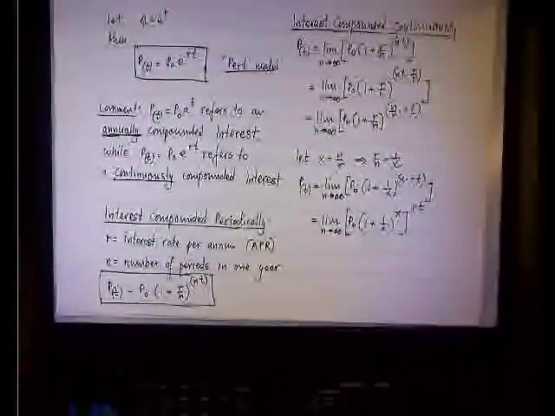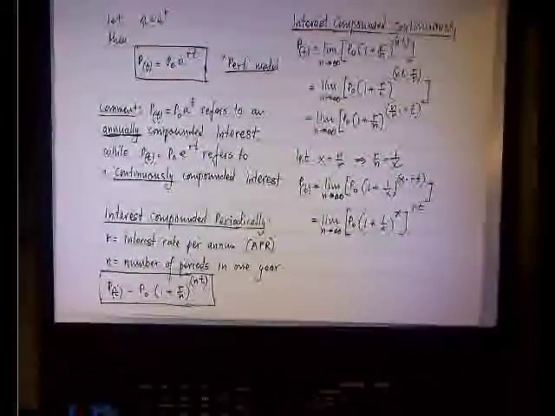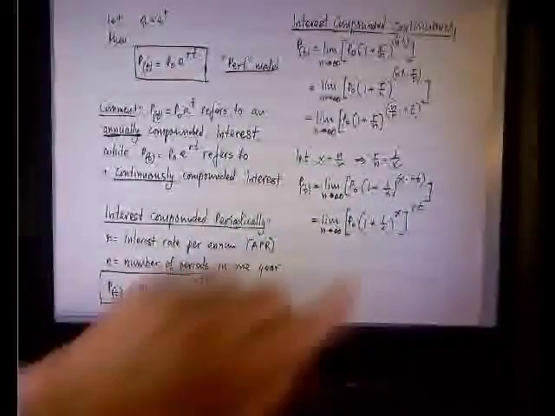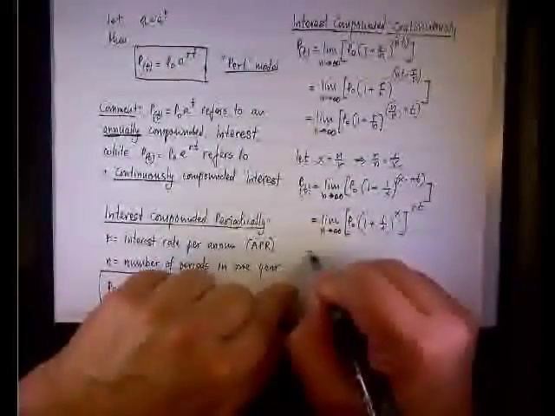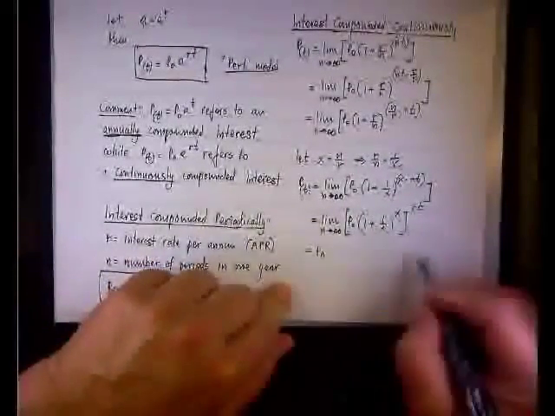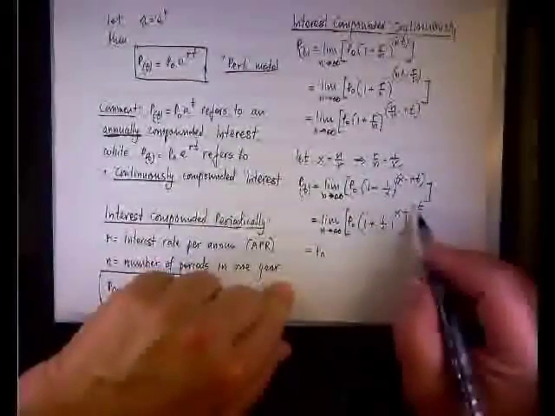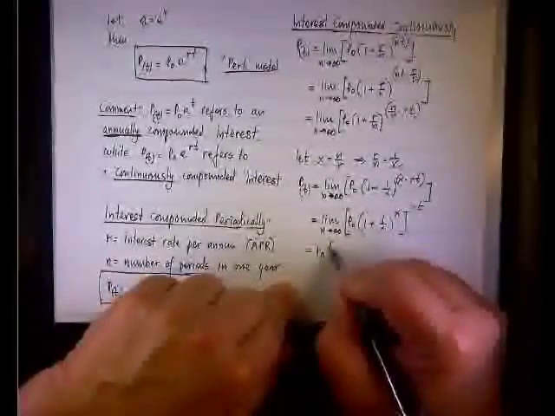One of the properties of limits is the limit of a composition. If you recall, we used it also on Monday. The limit of f composed with g can be f composed with the limit of g. That's what we'll do. We'll take the P sub 0 outside the limit, and we'll take rt outside the limit as well.